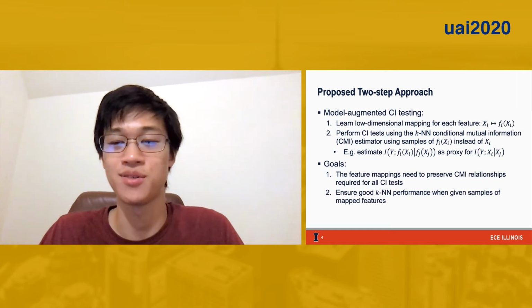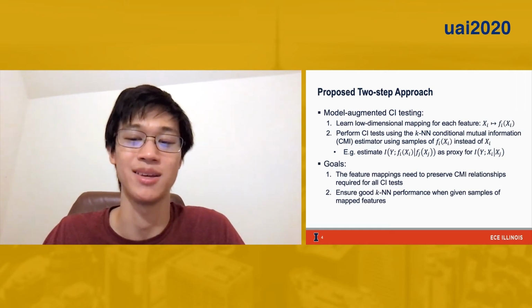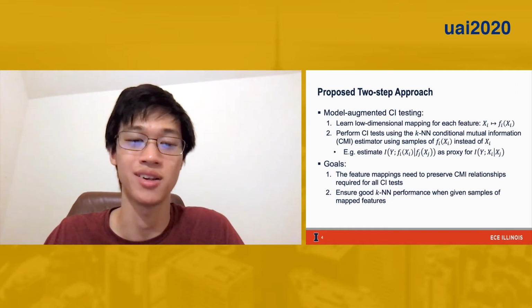We next propose an efficient method for learning these feature mappings such that they preserve the CI relationships between the variables correctly, and the KNN estimator works well given the mapped feature samples.